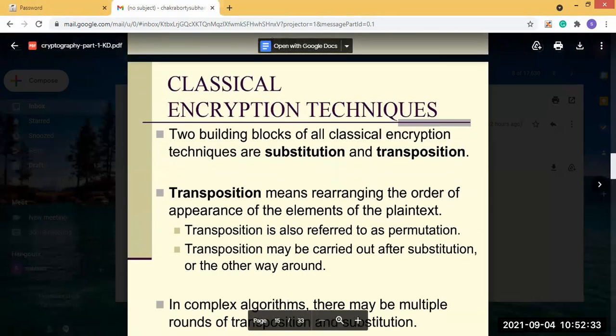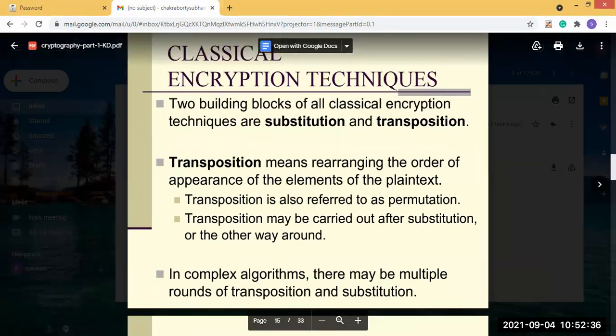Now, transposition means rearranging the order of the appearance of the elements in the plain text.